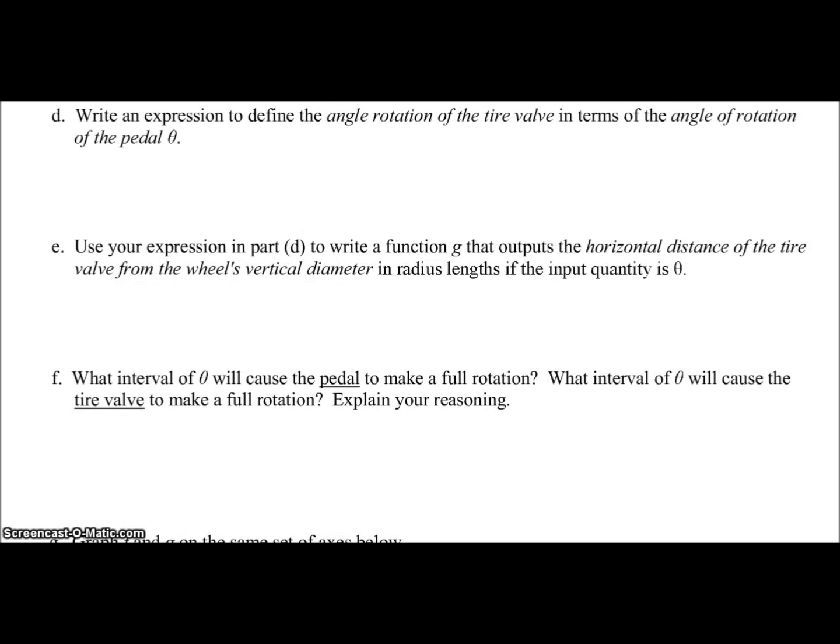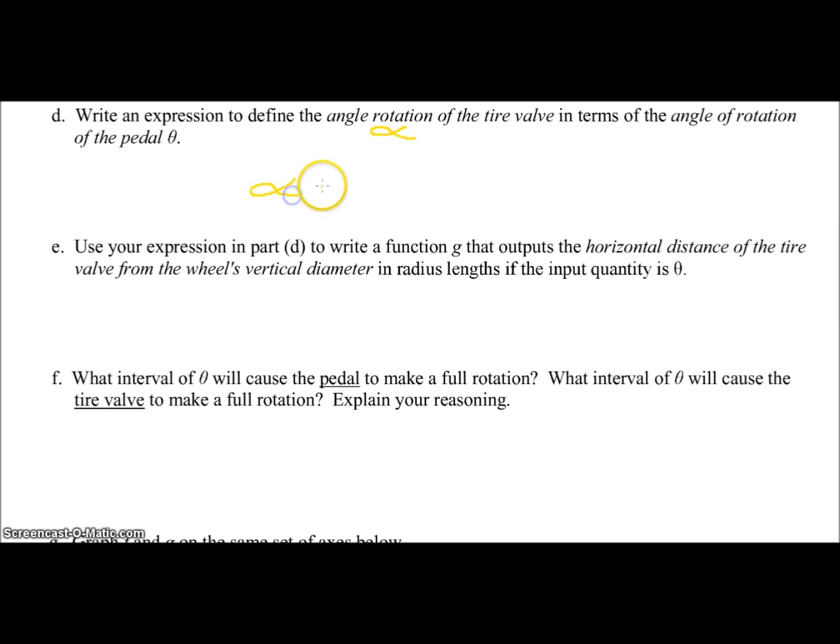Write an expression to define the angle rotation of the tire valve in terms of the angle of rotation of the pedal theta. So let me just call the angle of the rotation of the tire valve alpha.